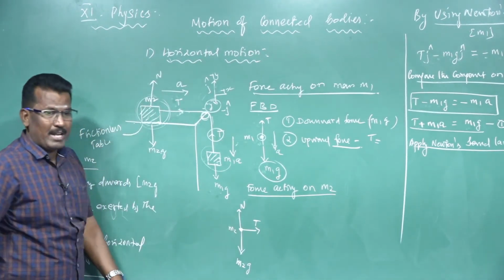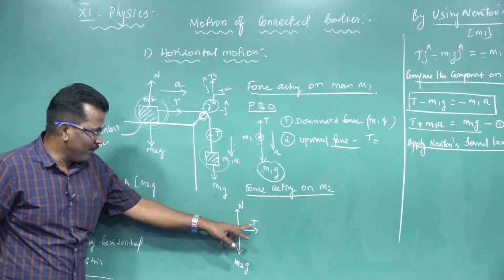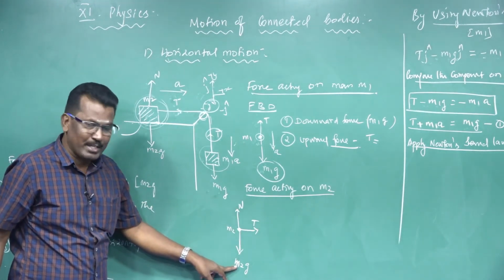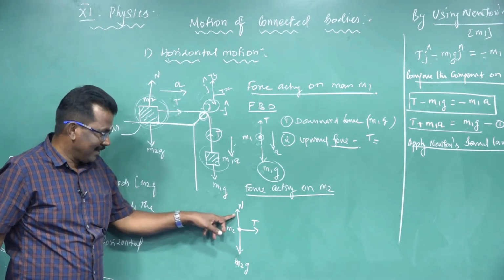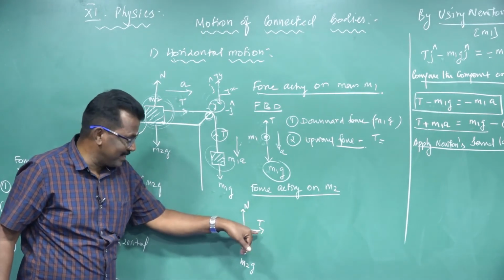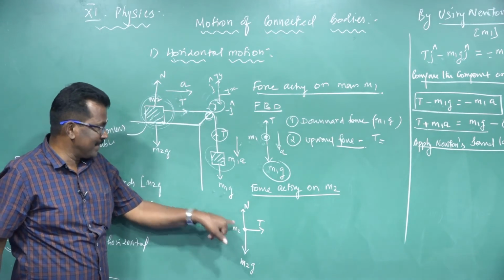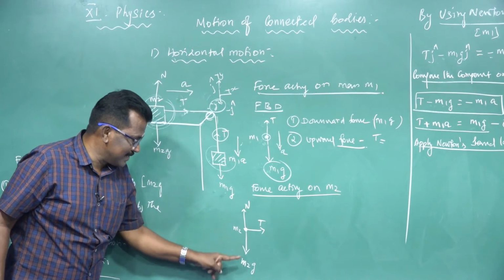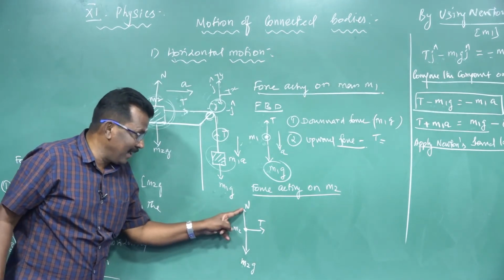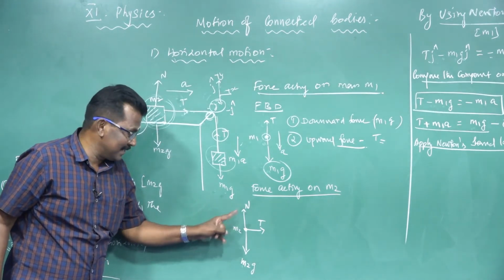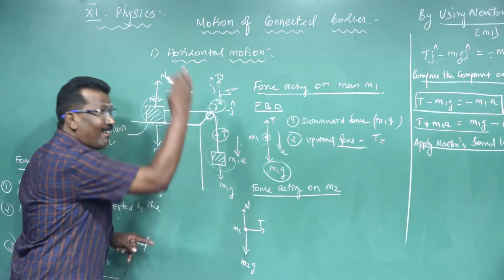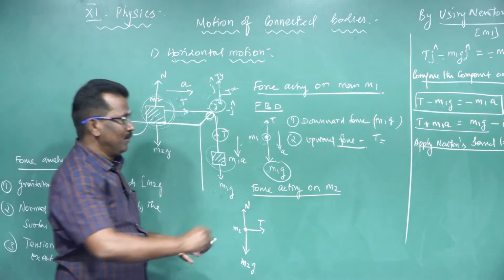Once again, F is equal to ma. So how many forces? There are three forces. One is the gravitational force downward, the tension along the horizontal by the string, and the normal force exerted by the surface. But the normal force is equal to M2g. Normal acts along the positive y-axis, M2g acts along the negative y-axis, but the acceleration along the vertical is zero.